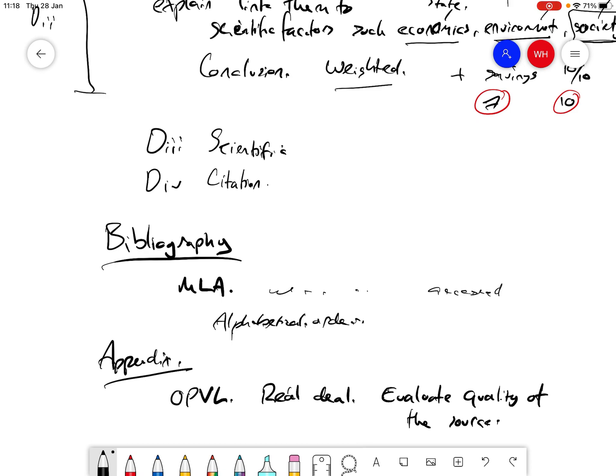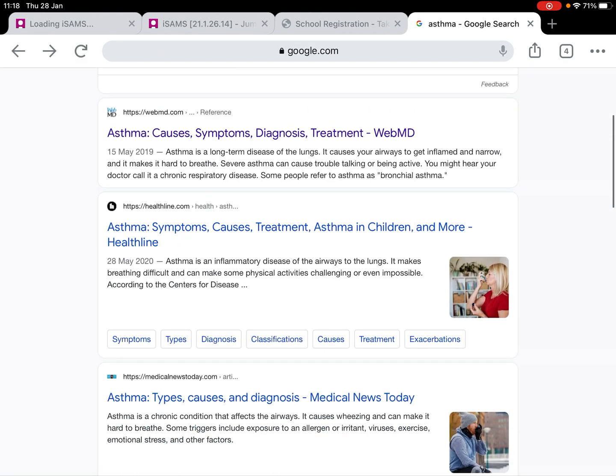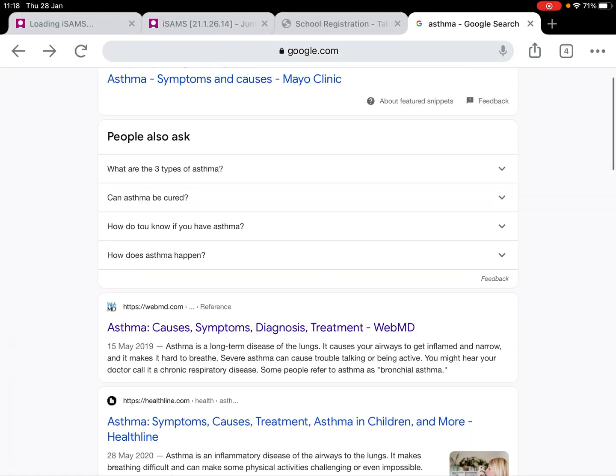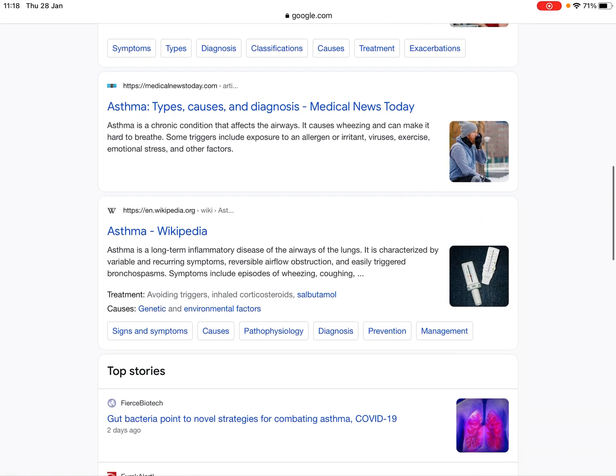It doesn't have to be particularly long, doesn't have to be massively detailed, but you should reflect on whether it's a good website to use or not. Obviously, WebMD is probably decent, but any .orgs you can find to explain it are probably pretty good. Mayoclinic.org, that probably is decent.